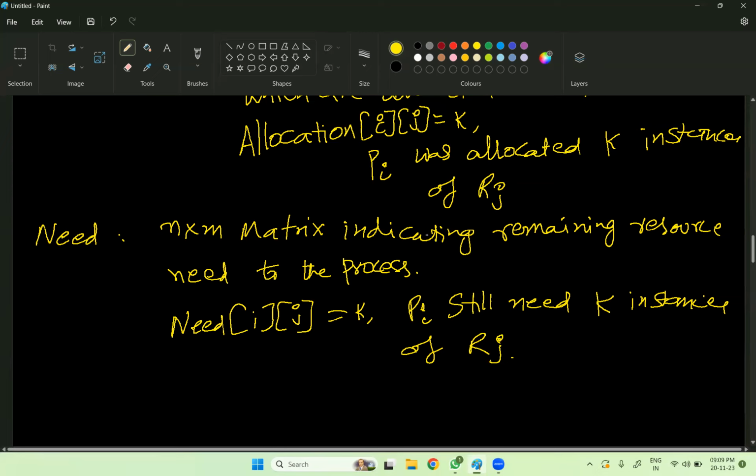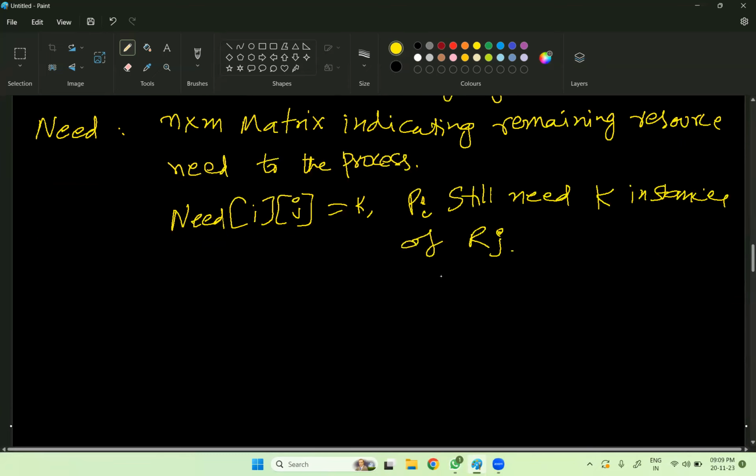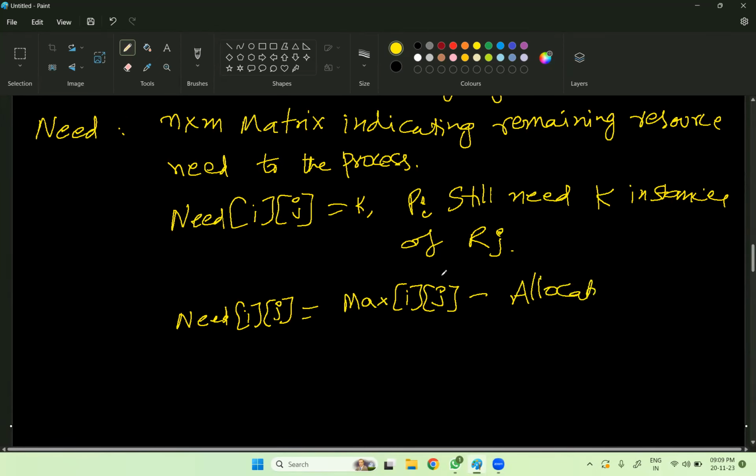And you need to understand one more point here, one more arithmetic operation. How can you get the need? Need of i comma j will be equal to max of i comma j minus allocation of i comma j.